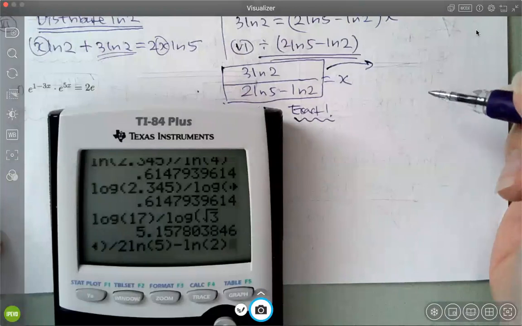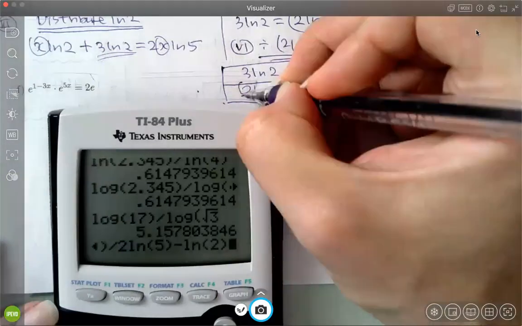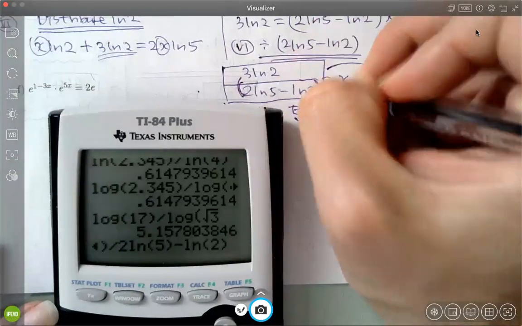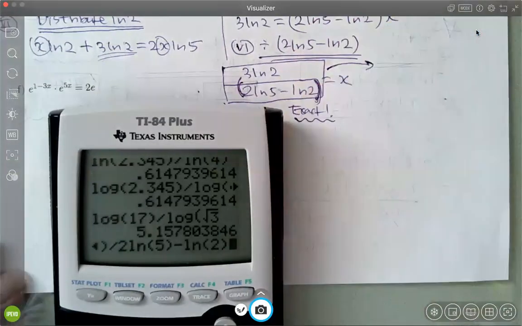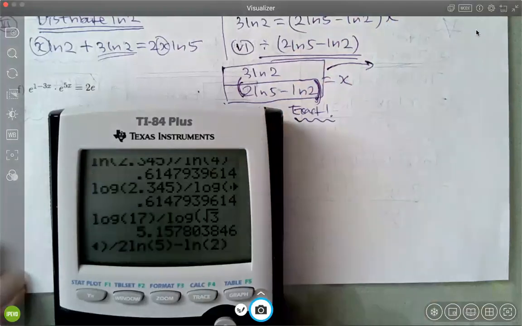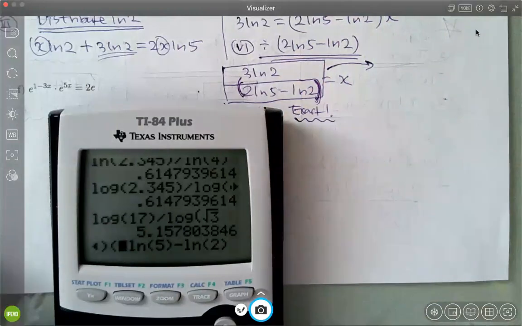Apparently calculators cannot read our thoughts, so we have to be rather specific. So how can we be specific? Put parentheses around the denominator. From here, you put parentheses, division, and then you put parentheses, and then 2 ln 5, and then minus ln 2, like this.